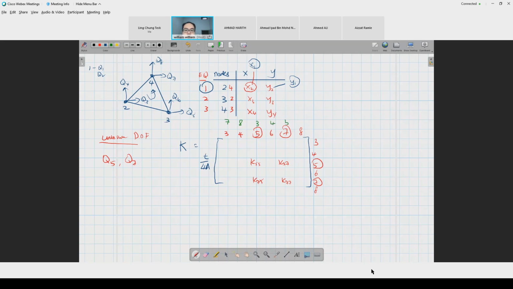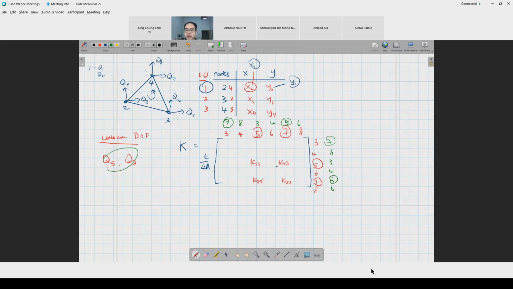And then node number 3 is 5, 6. So you have 7, 8, 3, 4, 5, 6 as your labeling. From there, let's say your unknown is 5 and 7. You can highlight what you want, and then you go and find the element that you need to determine from your stiffness matrix.